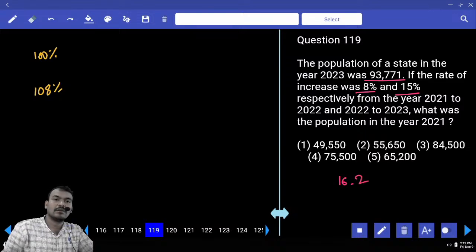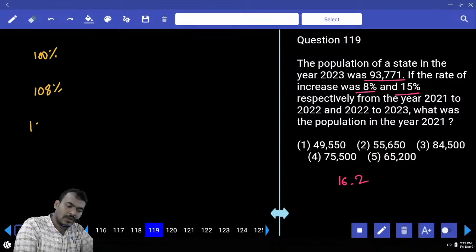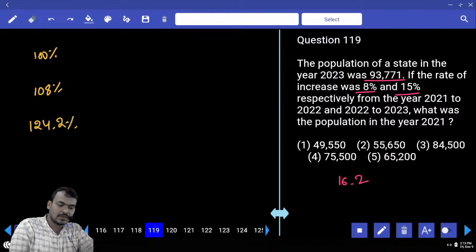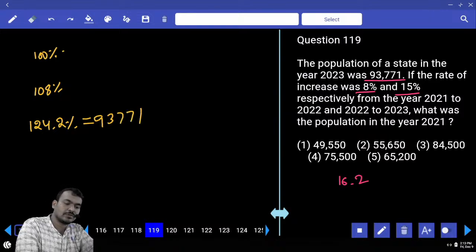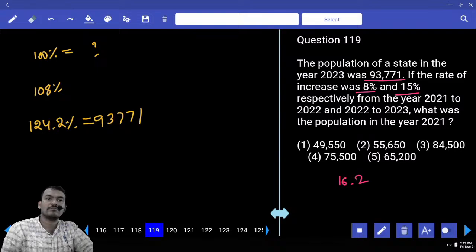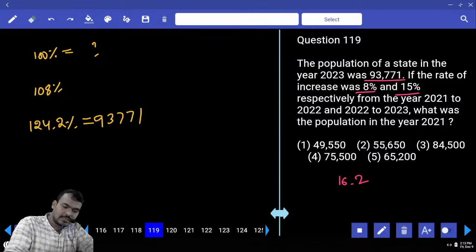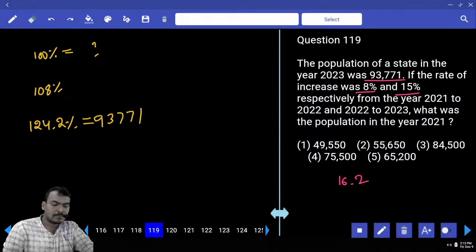Adding or subtracting? Adding. Total it is 124.2%. That is equal to 93,771. We require 100% value. Okay, by cancellation we get the answer.